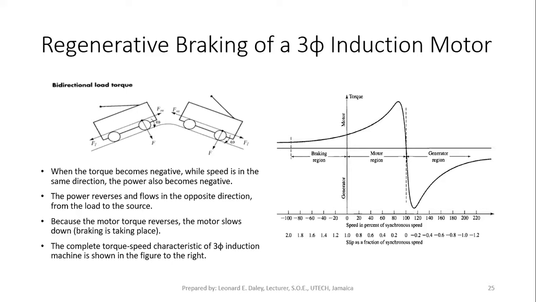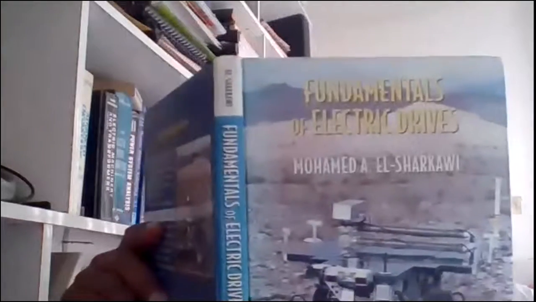And then I had also asked that you look at chapter 1. Let me close this. So this is the book that I sent you. Let me see if I have it open.